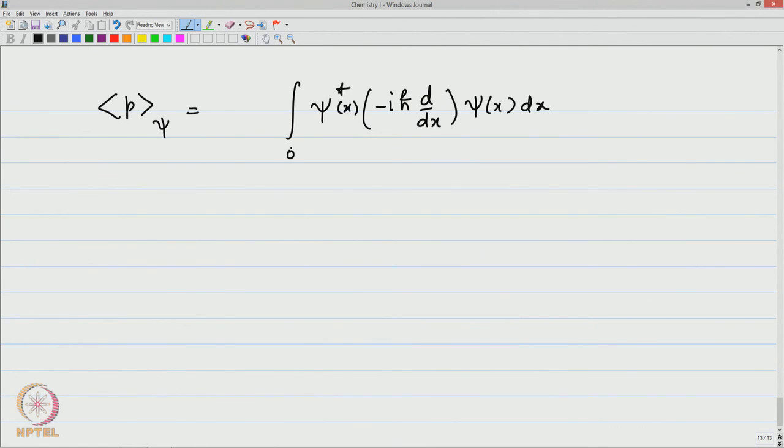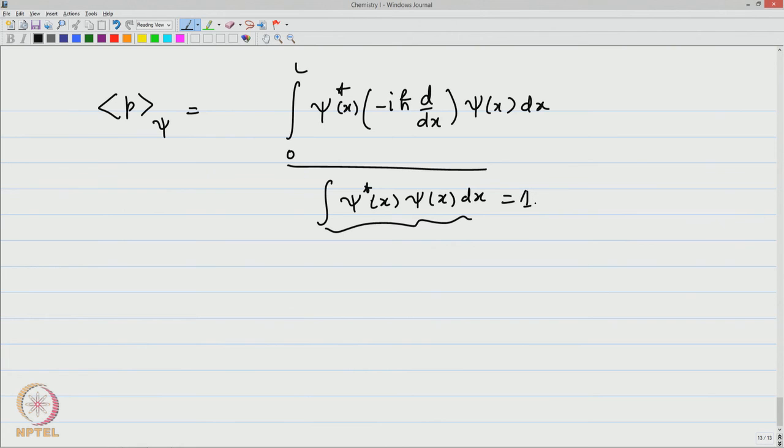In this case of course the particle in the box is 0 to L, divided by the normalization integral of the wave functions, namely psi star of x psi of x dx. For a normalized wave function, of course, this is equal to 1. So, all that you have to do is to calculate the P by differentiating the wave function once with the derivative and then calculating the integral with the cross products.